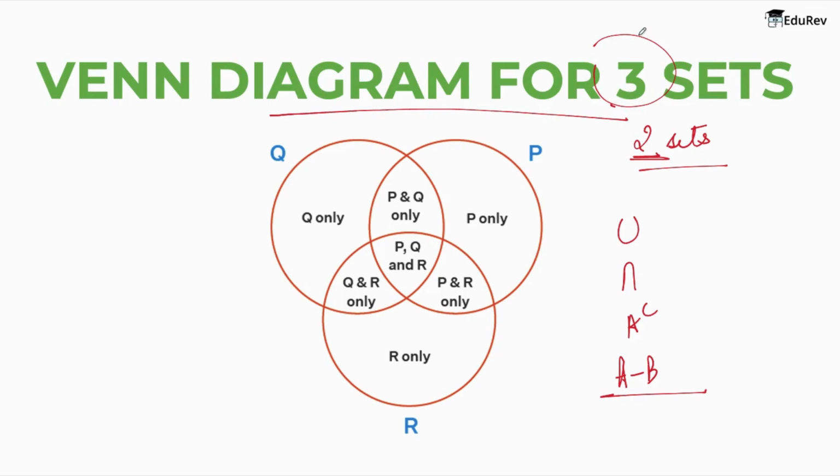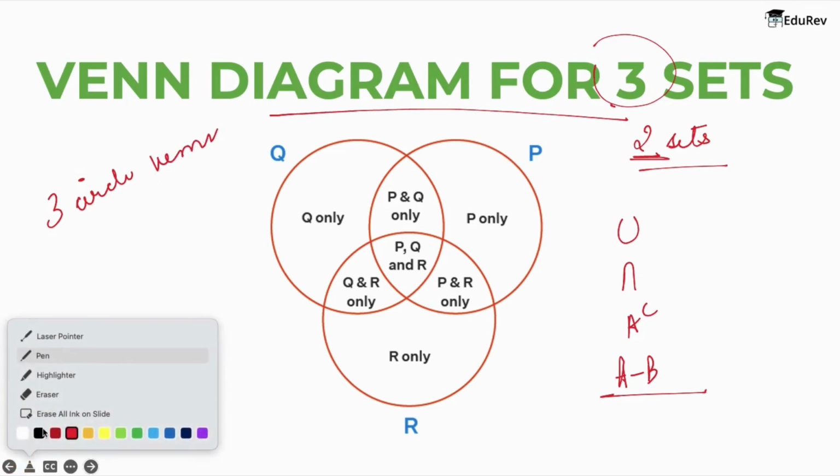Now, a three set Venn diagram is made up of three overlapping circles, and these three circles show how the elements of three sets are related. When a Venn diagram is made of three sets, it's also called a three circle Venn diagram. I'm so sorry, I'll just erase and write it.